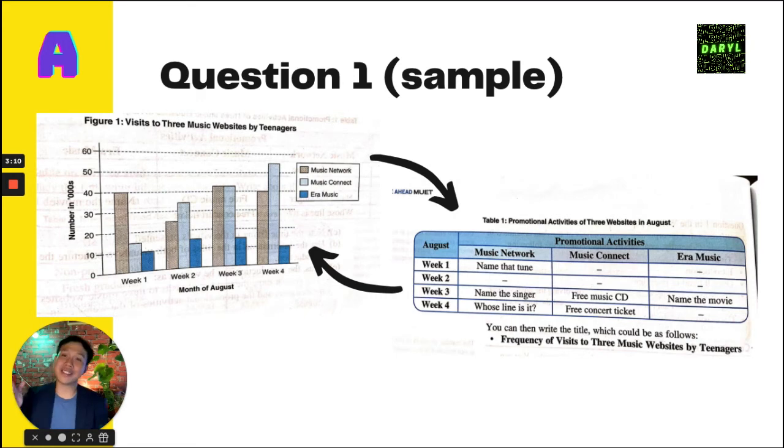This, my friends, my students, is question 1. In sample A, you can see there are 2 things. First is a bar graph, and second is a timetable. So you actually have to relate both of these visuals and provide a report from what you can see.